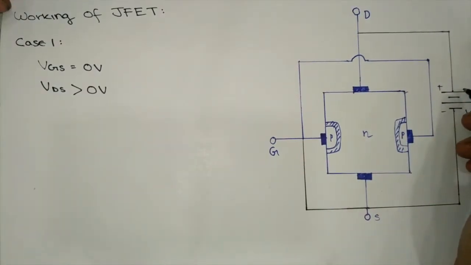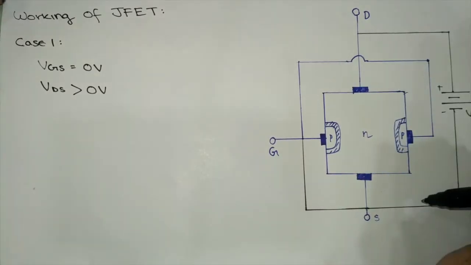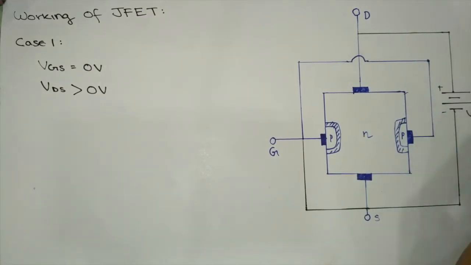The external voltage VDD is connected between the drain terminal and the source terminal, the polarity maintained in such a way that the positive terminal of the battery is connected to the drain terminal and the negative terminal of the battery is connected to the source terminal.